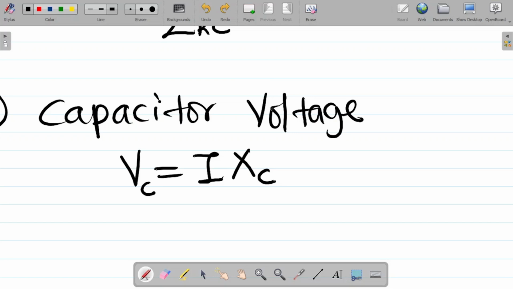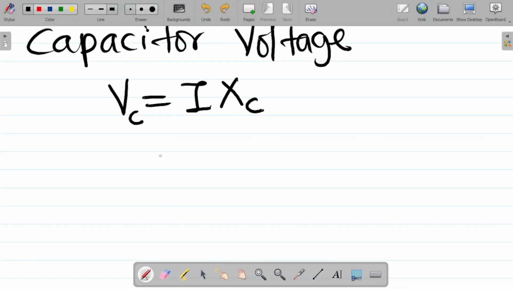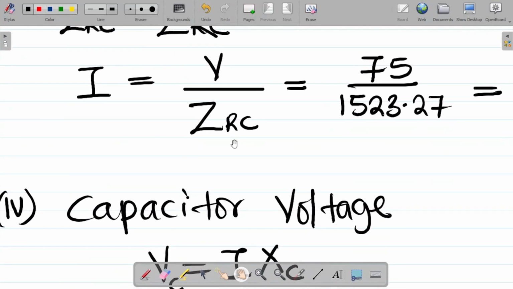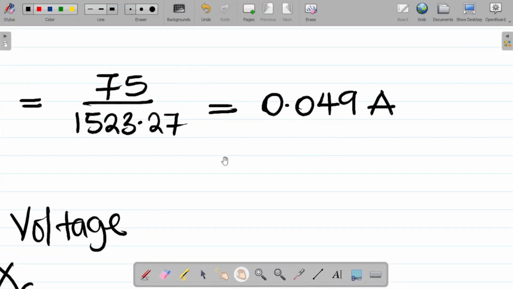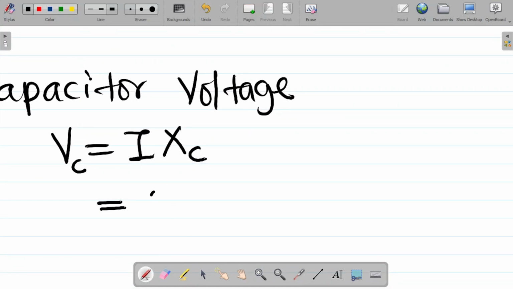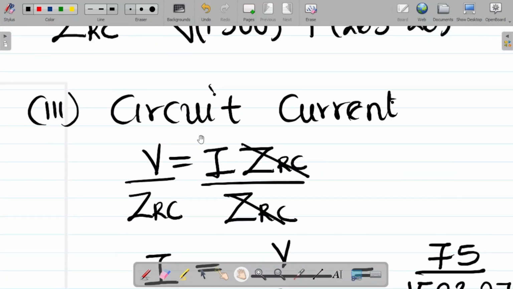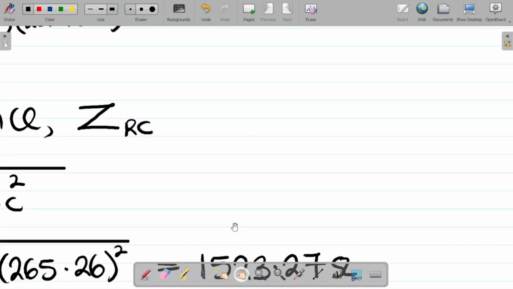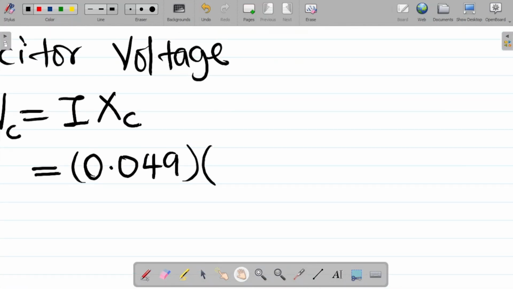With this, what exactly is the value of the voltage of the capacitor? That's what we are asked to find. This is equal to the current of the circuit, 0.049, which we already calculated, times XC. XC is simply the reactance of the capacitor, which is 265.26.